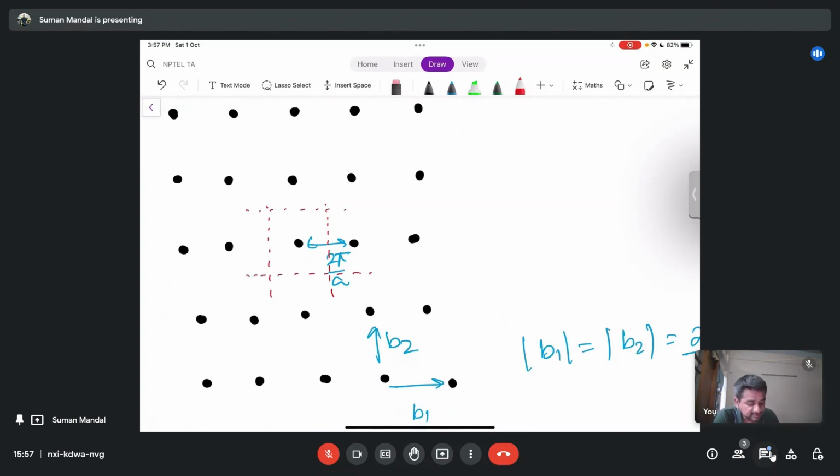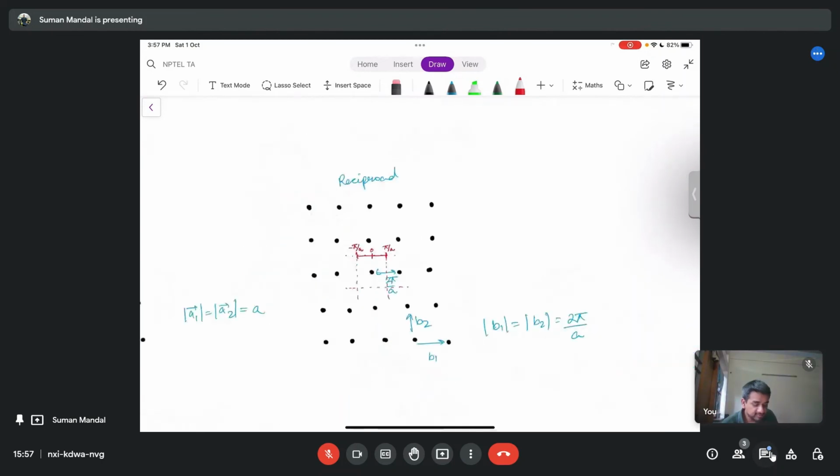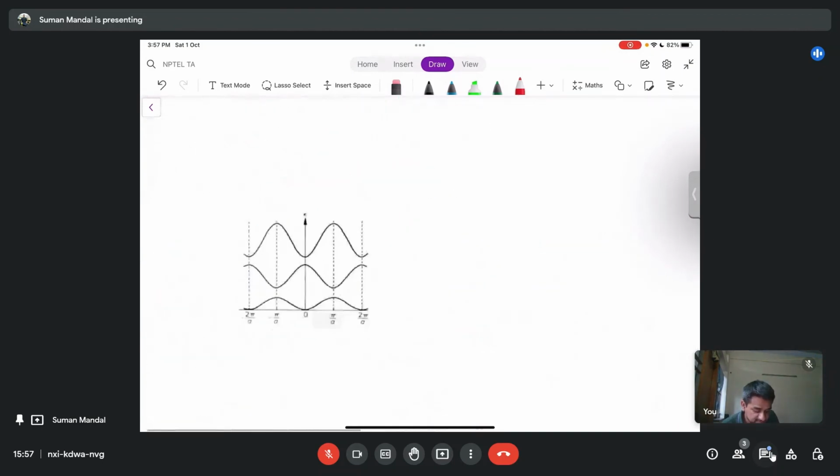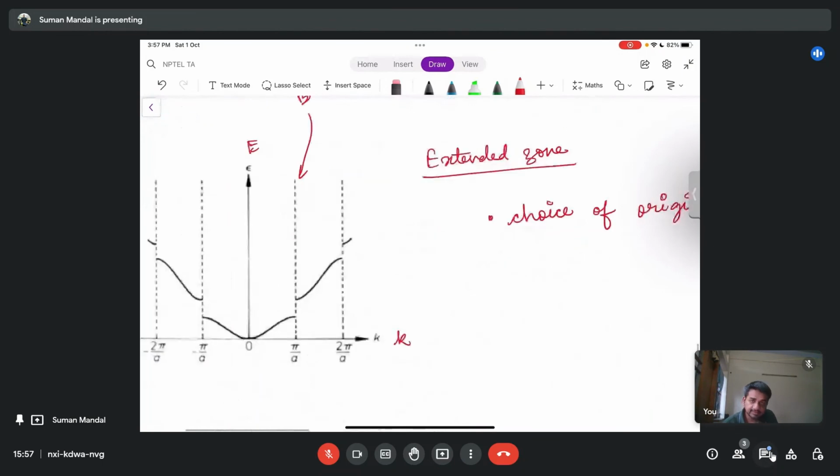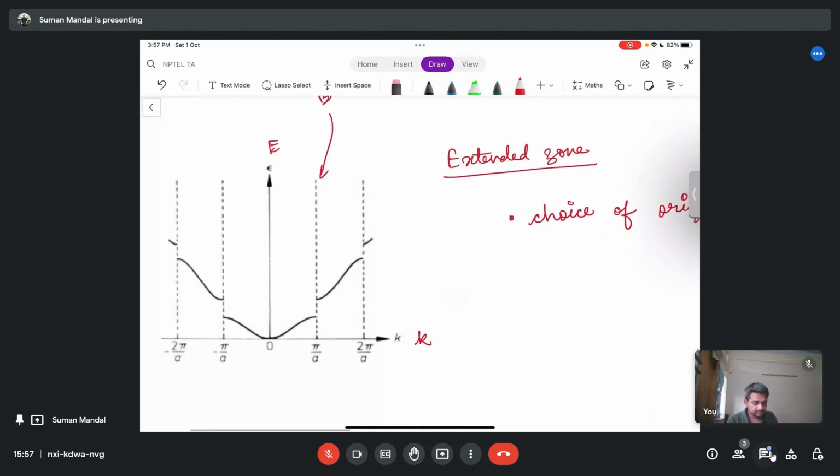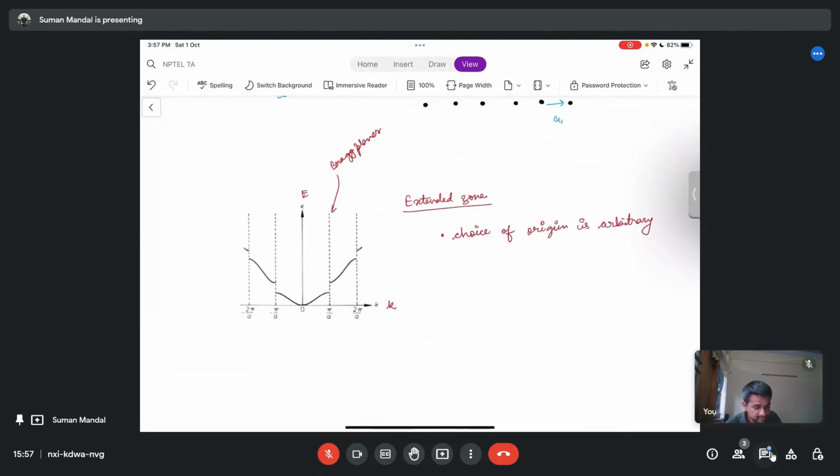So if you consider only the x-axis, if this is 0, this is pi by a, this is minus pi by a. So the Bragg planes are located at a distance of pi by a. That is what is happening here. We see here the Bragg planes are at pi by a. I hope it's clear.